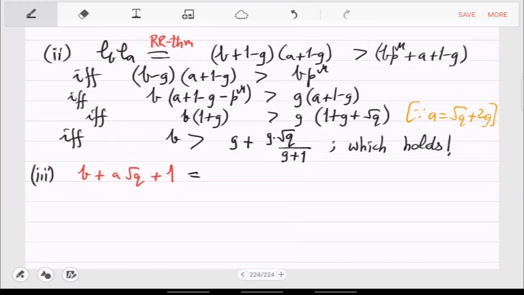So this is equal to B is g plus 1 plus, and A square root q is what? Plus 1.